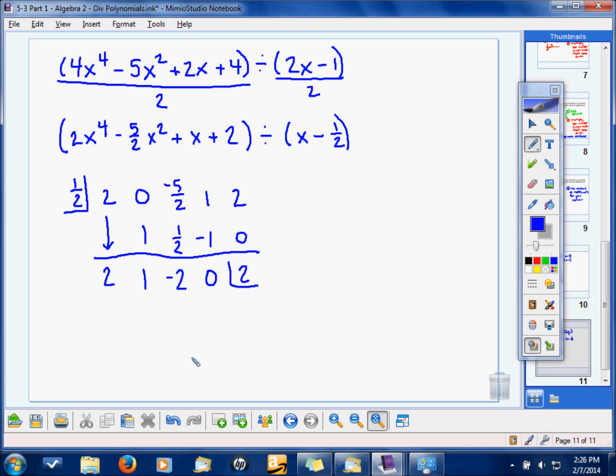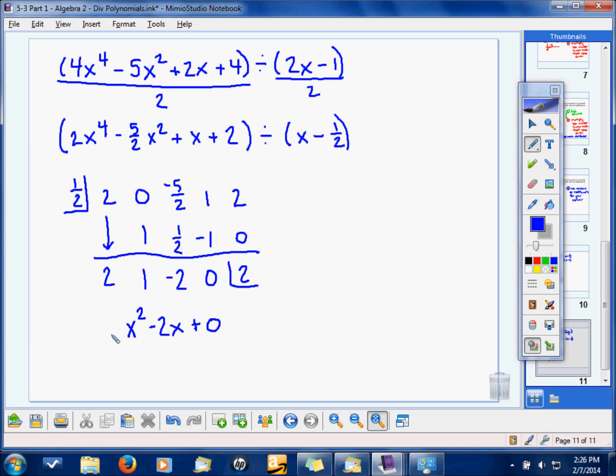Look at that. Okay, so the remainder is going to be a little bit weird to look at. We'll have to do a little converting with that. But here, the 0 comes down as itself. We're going to clean up our answer at the end. This one is negative 2x. This one gets the x, 2x squared.